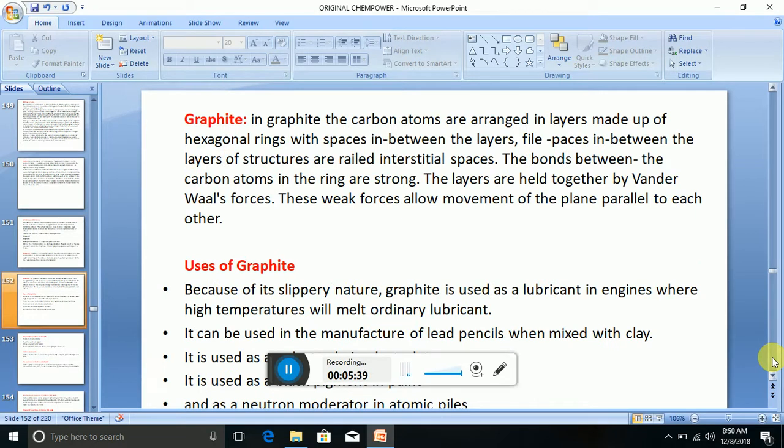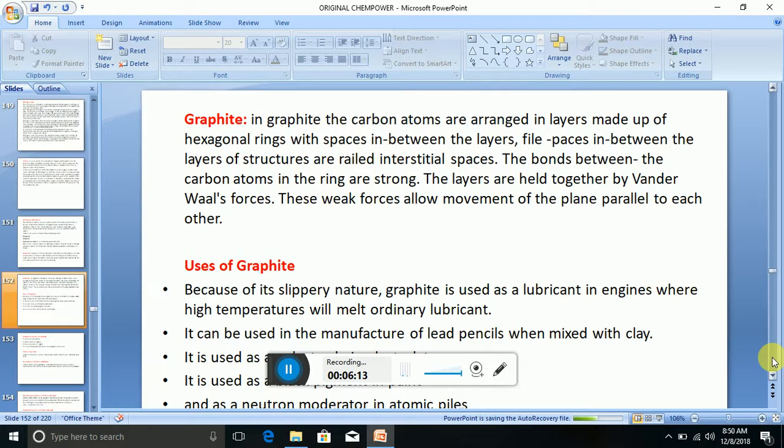Graphite. In graphite, the carbon atoms are arranged in layers made up of hexagonal rings with spaces in between the layers. The in-between spaces of the layer structures are called interstitial spaces.